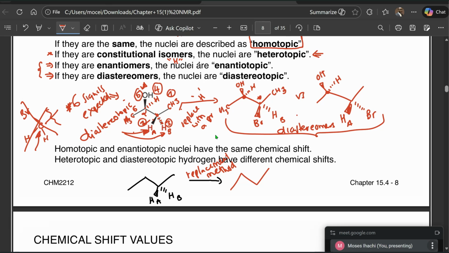Which is why we are going to dwell on this here. If I replace HA with a bromine, I get a chiral carbon. I hope you can see that. You have a hydrogen, a bromine, an ethyl, and a methyl. That is chiral. So I can use my test there. My checklist is basically: look at neighboring stuff, check chirality.